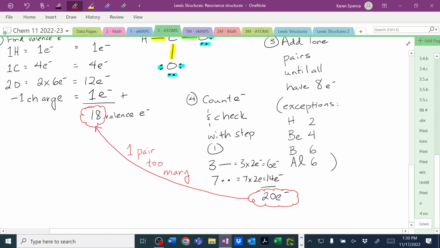So what that means is that we are going to erase 1 pair, and we're going to erase it from the central atom.